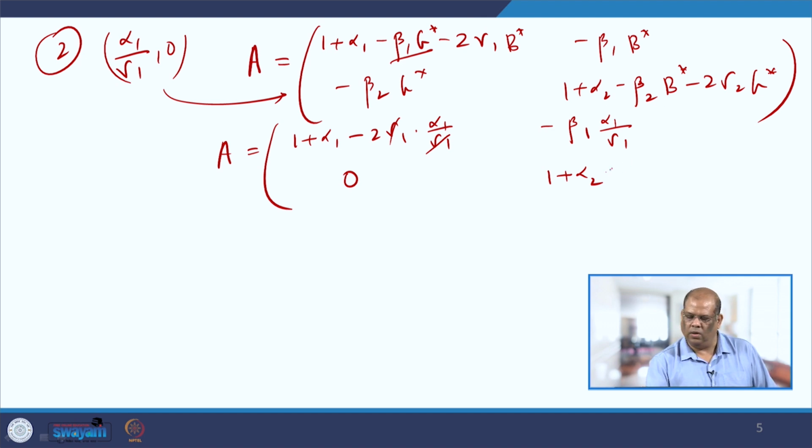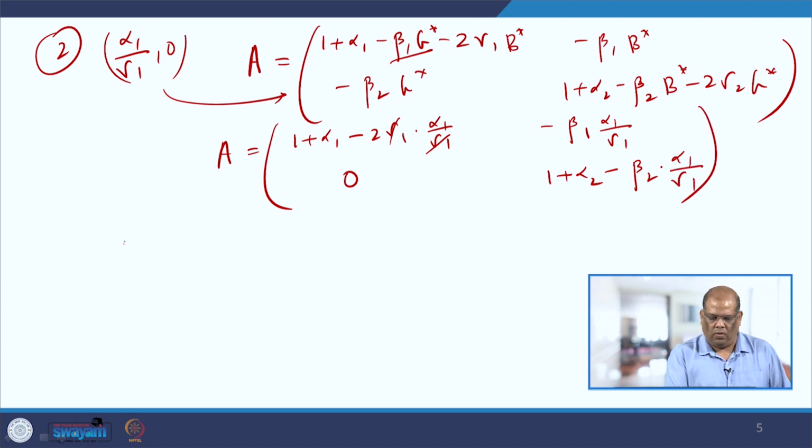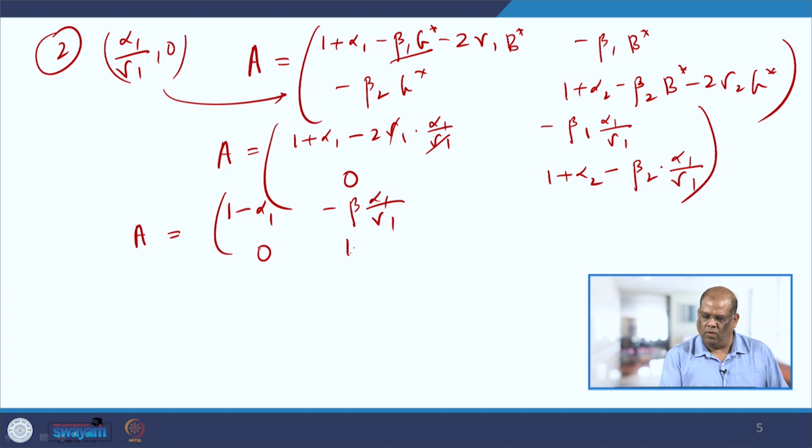minus beta 2 into alpha 1 by gamma 1, and this vanishes. So, you get A is equal to 1 minus alpha 1, minus beta 1 alpha 1 by gamma 1, 0, 0, 1 plus alpha 2 minus beta 2 alpha 1 by gamma 1.